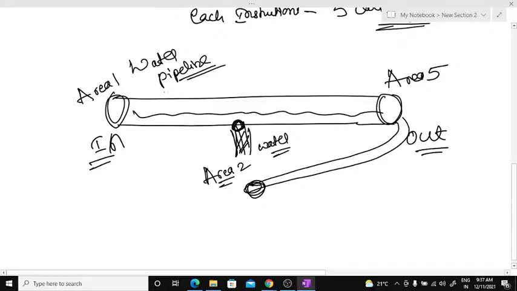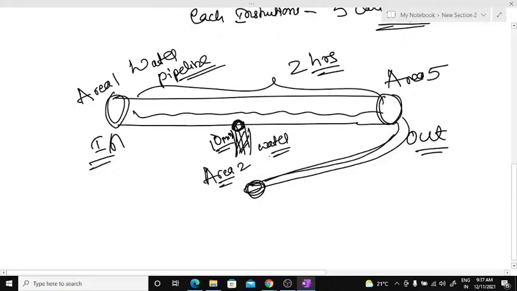Suppose it is taking 2 hours, and the water is going from here, but it is nearer to them, like suppose there is a 10 minute distance, going out and coming back here it will take more time. So they will put a hole here and they will take water.